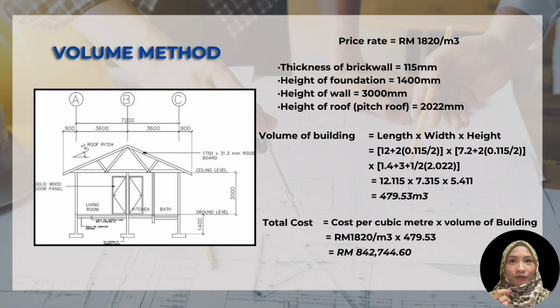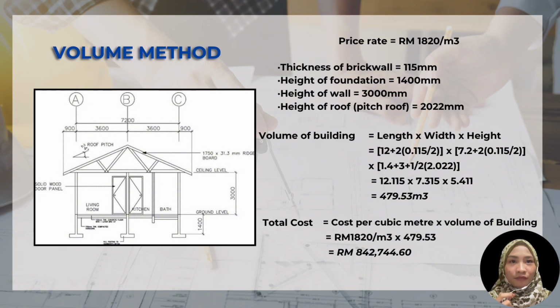Now for the volume method, with a price rate of RM1,820 per cubic meter, and considering the following dimensions: thickness of brick wall is 115mm, height of foundation 1,400mm, height of wall 3000mm, and height of roof, which is a pitch roof, 2022mm.